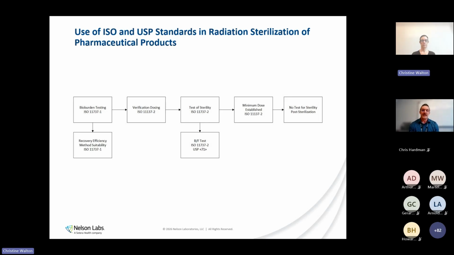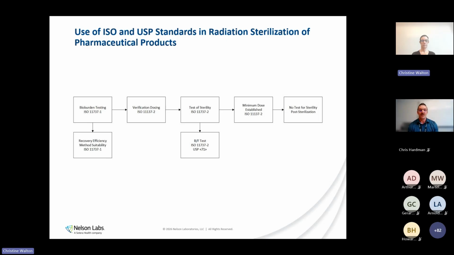There are some supplemental tests that go into that as well, so we can look at potentially recovery efficiency depending on the product that's being tested. Christine talked a little bit about that as well. From there, we can use that bioburden data to set a verification dose following ISO 11137-2. So we had that list of standards earlier. Hopefully this will help to see where these come into play.